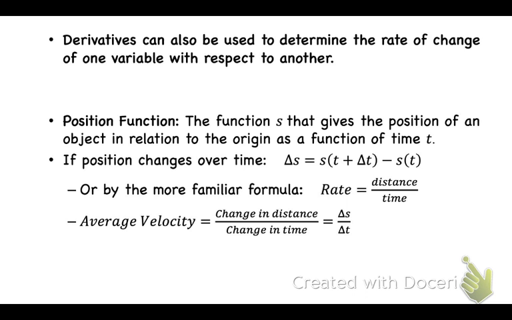Okay. A more familiar formula you should know is rate equals distance over time. And we have average velocity, which is the change of distance over the change of time, which is change of s over change of t, which is basically just slope. Think about it.